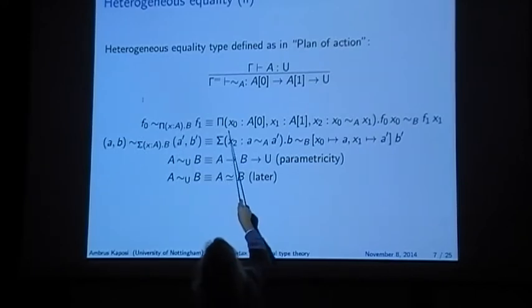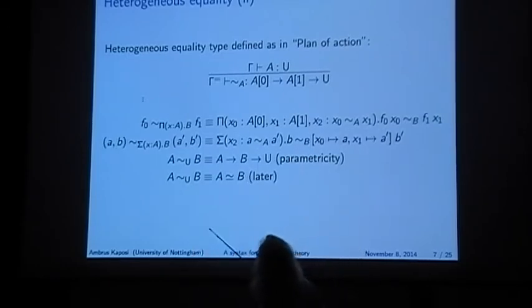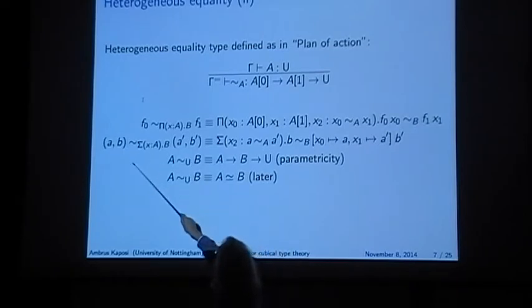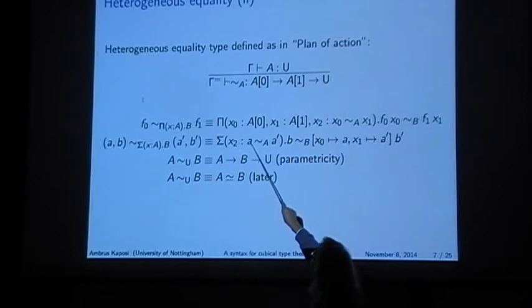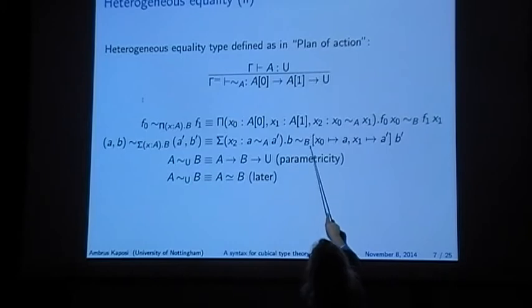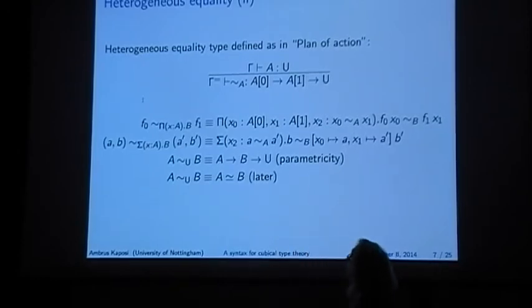So for pi types, I assume a triple here, which is related, and for sigma types, to say when two elements of a sigma type are equal, I assume that the first components are equal, and then for this equality B, I need an extended context which gives me some value for x0, some value for x1, and x2 is done this equality. So that's a very, very natural generalization of what we had seen for simple types.